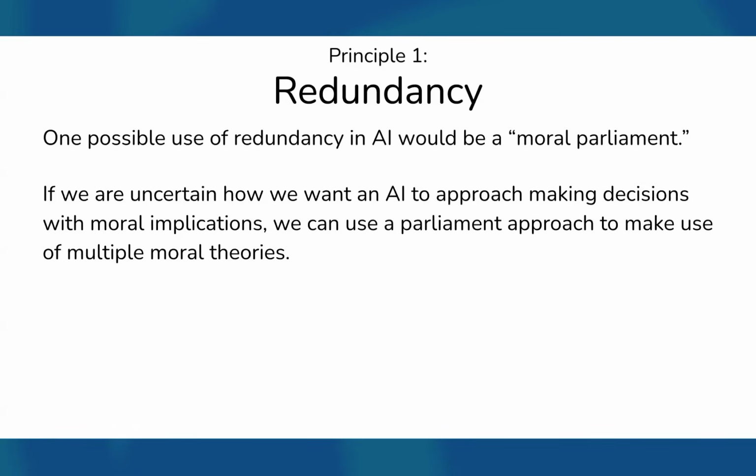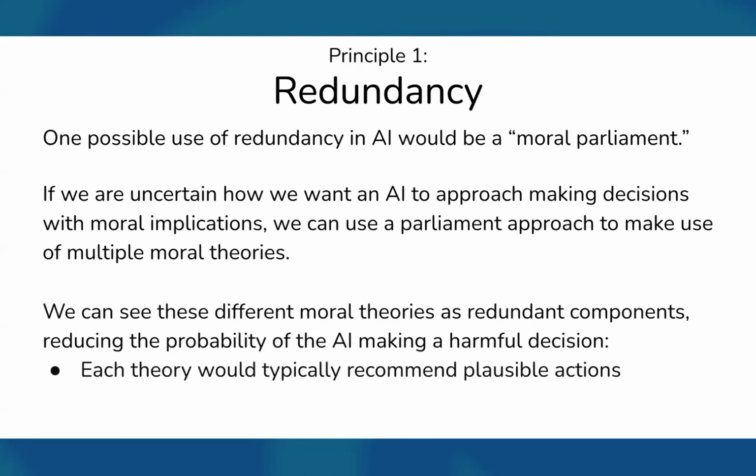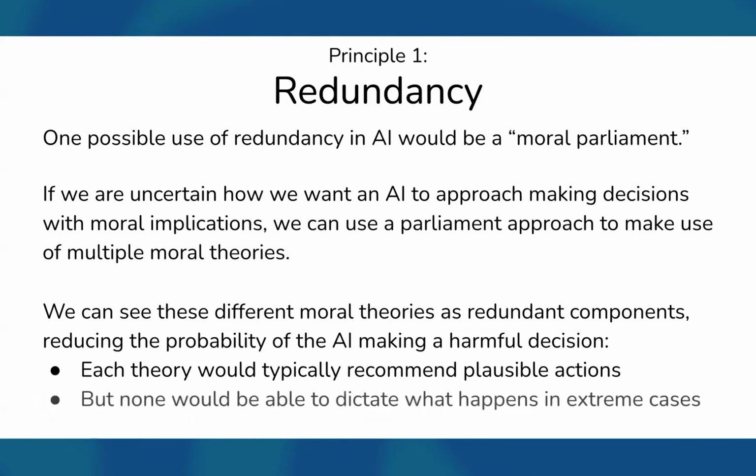And them working together and casting their vote together can make the system much more robust compared to if the AI system was just following one specific ethical theory. So if one theory was making an extreme assertion or one ethical belief system was recommending a very extreme view, the system will not necessarily be tugged in that direction if we have multiple different value systems represented simultaneously. This is one example of redundancy.